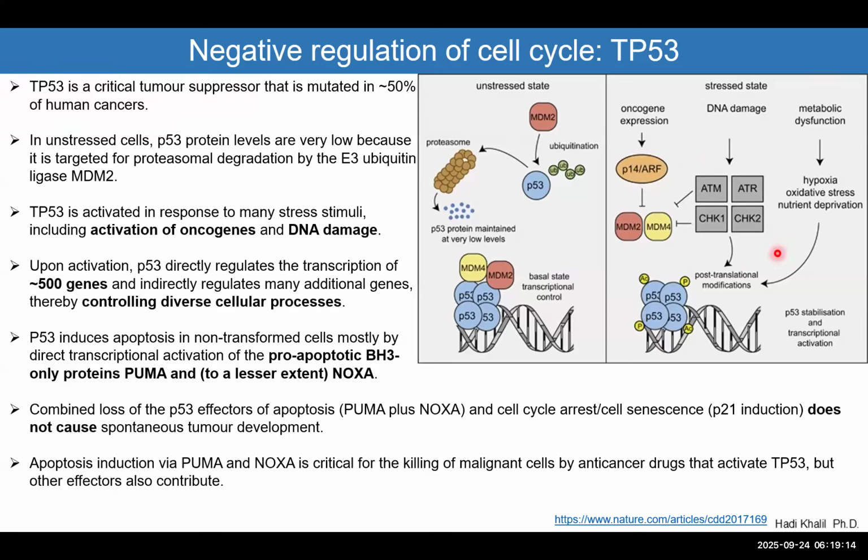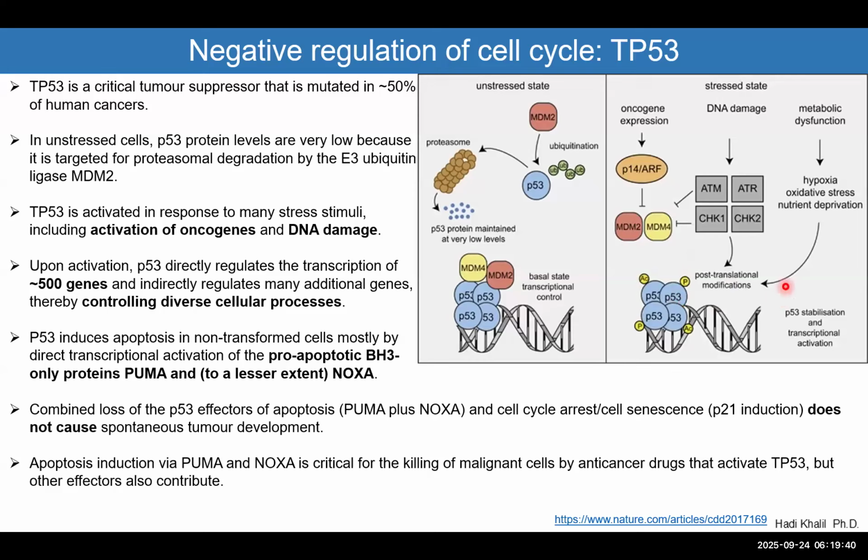In all of these situations, we would require p53 to block the process of DNA replication and cell cycle progression. So p53 now, instead of being ubiquitinated, will be phosphorylated and acetylated.